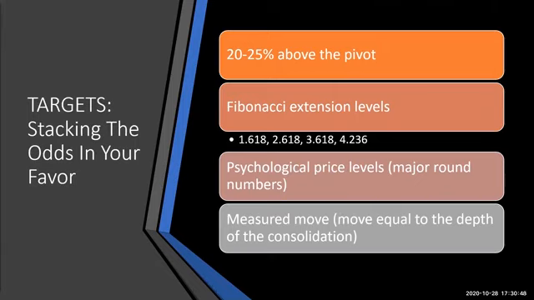Fives and zeros tend to be psychological numbers, like price hitting $50 a share, or price hitting $100 a share, things like that, 25, 75. And then also measured moves. A measured move is a move that will be equal to the depth of the consolidation. All things that we're considering when we're setting profit targets. And the more boxes that we're checking, the better.